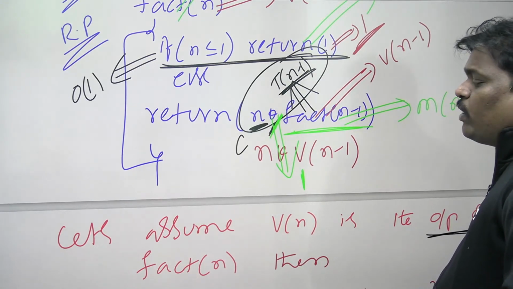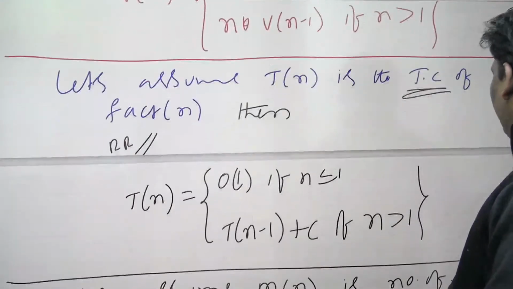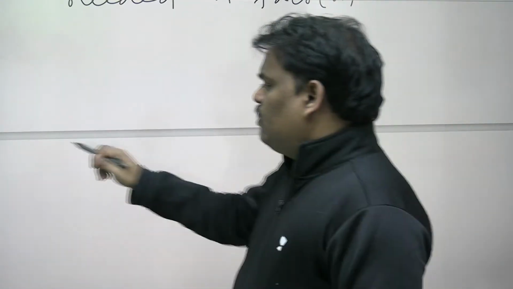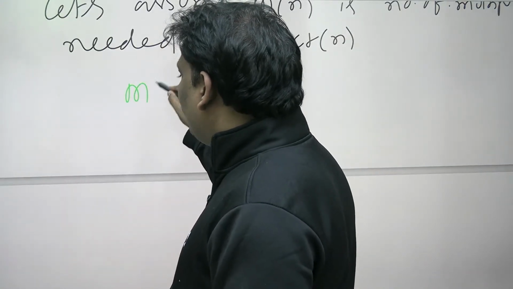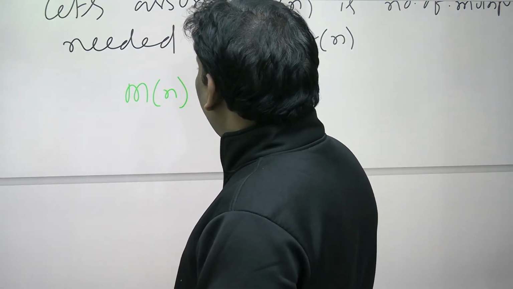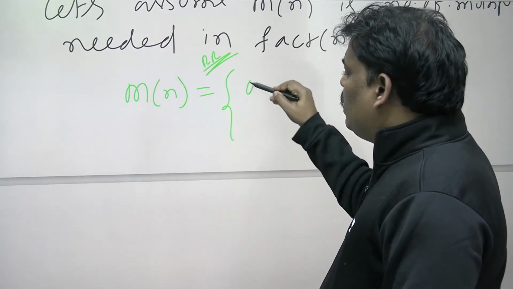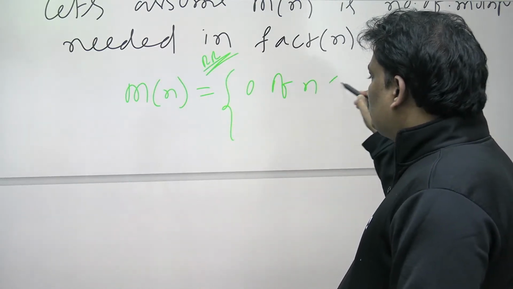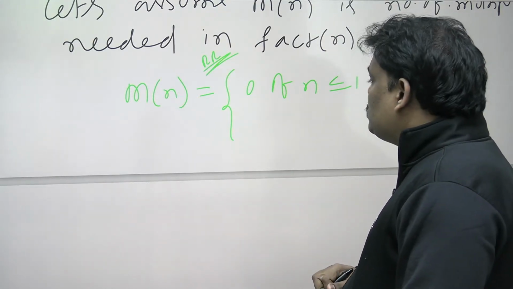In the else, 1 multiplication, right? See this. Number of multiplications of fact of n, m of n, is equal to 0 multiplications if n is less than or equal to 1.